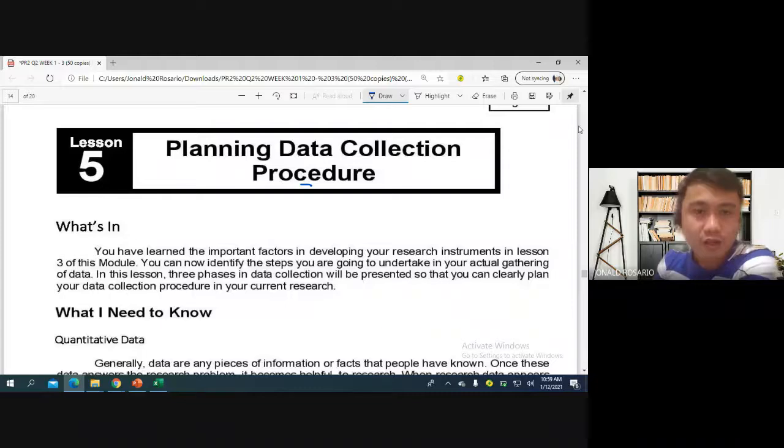And now, we can now identify the steps that we're going to undertake sa actual gathering of data. So, inanarrate natin yung tinatawag na data collection procedures. Of course, in a logical way.